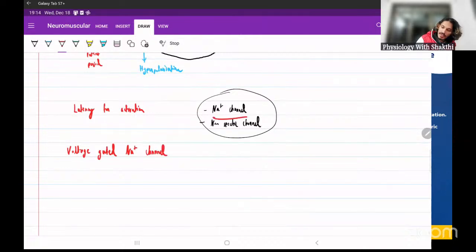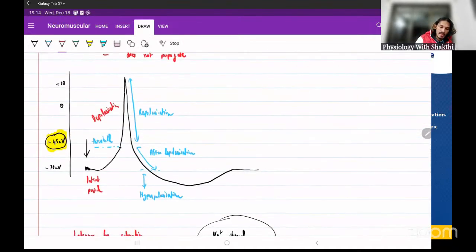Not your regular sodium channel, but voltage gated, which means it understands that it has crossed minus 45. Threshold has been crossed. So it will get activated.